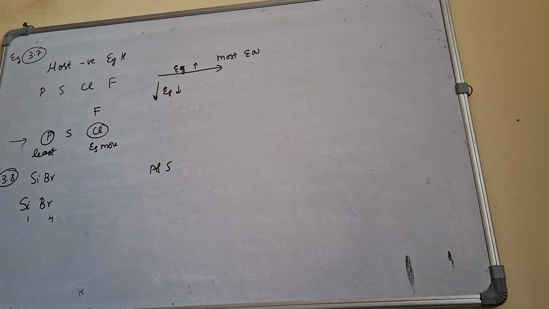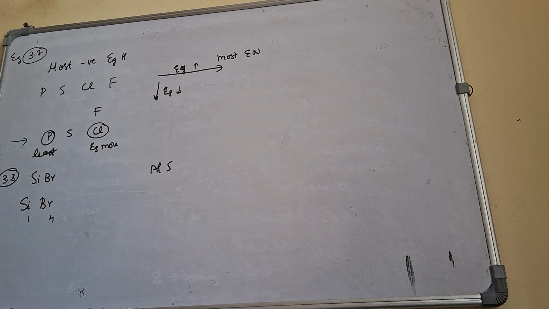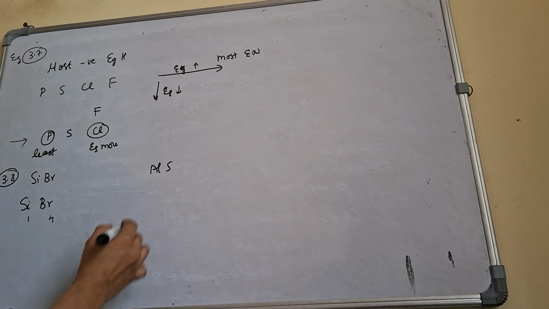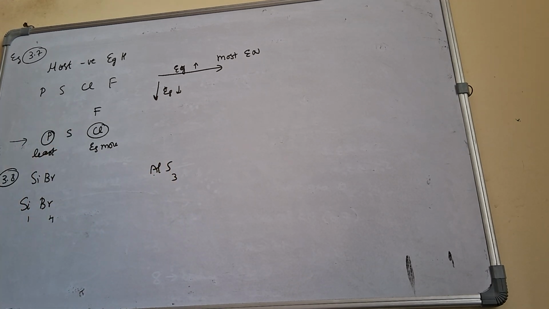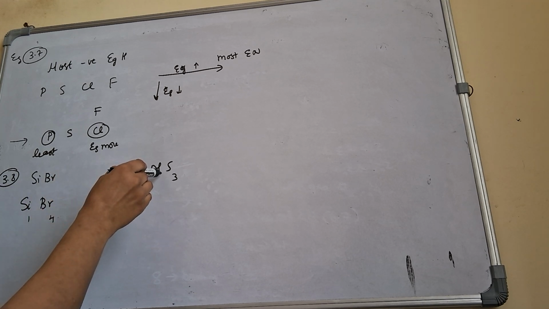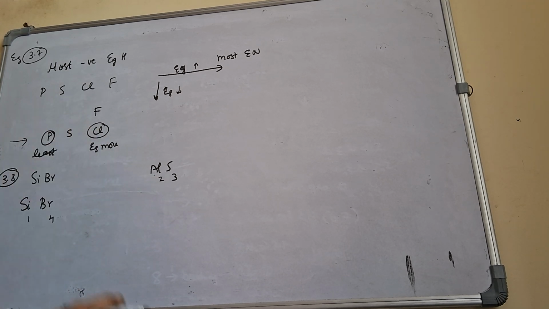So the possible formula will be SiBr4. Okay, and aluminium and sulfur. Aluminium has a valency of 3, because it's in the 13th group, and sulfur will have a valency of 2, so it's Al2S3. This is aluminium sulfide. Yes, there are other compounds also which are there in your book. You can just check that out.